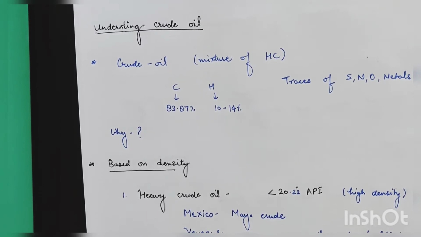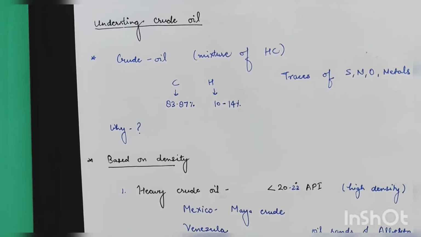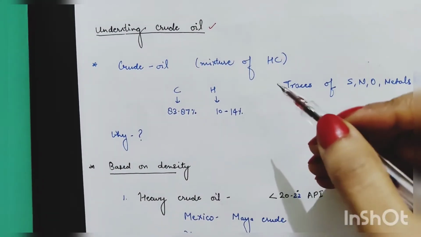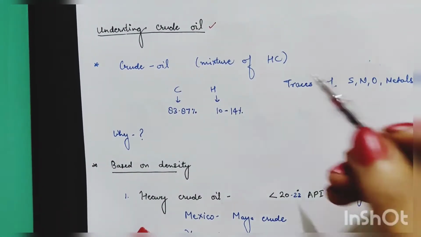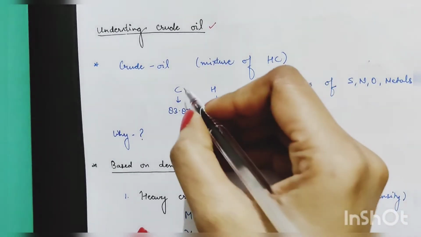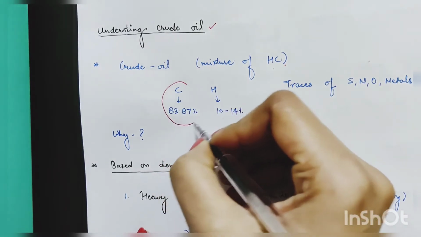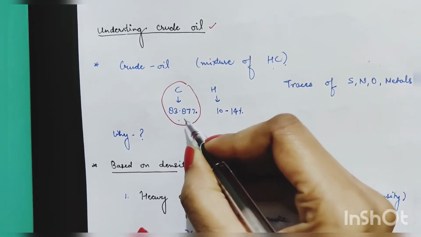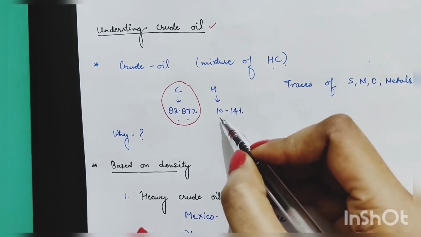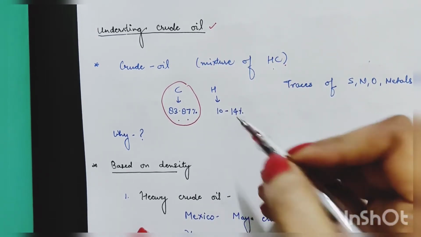So let's get started. So understanding crude oil. This is the first topic. So what is crude oil? Crude oil is a mixture of hydrocarbon, meaning hydrogen and carbon. And if we divide hydrogen and carbon, carbon is around 83 to 87% of crude oil and hydrogen is generally from 10 to 14%.